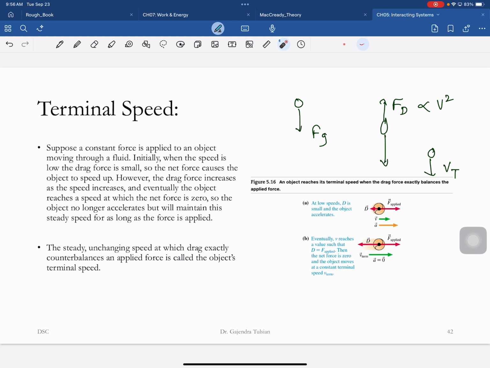When a fish is swimming at constant speed, that's what's happening. The force it's applying by wagging its tail is equal to the drag force.